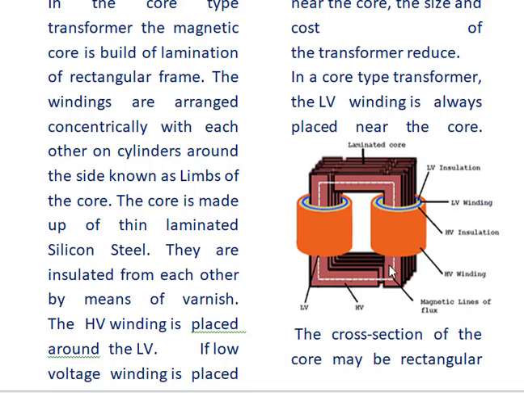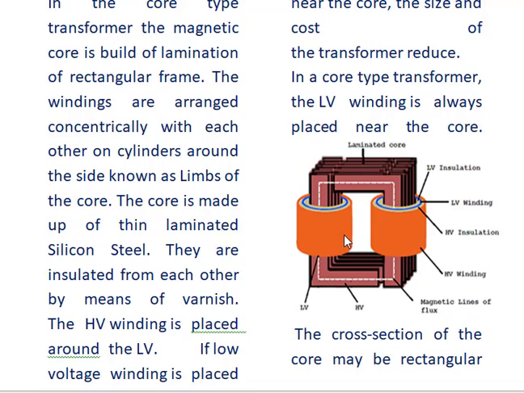See here, it is the low voltage winding, in blue color. Before that, there is a low voltage insulation, the insulation between the core strips and the coil, and then a low voltage winding is wound here, and then a high voltage insulation is placed there, and then a high voltage winding coil is wound over the high voltage insulation.